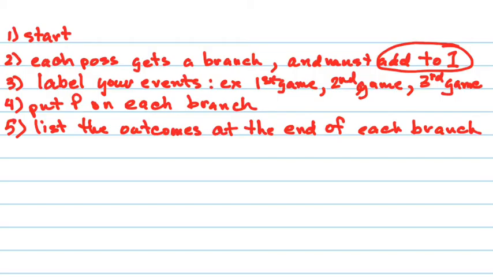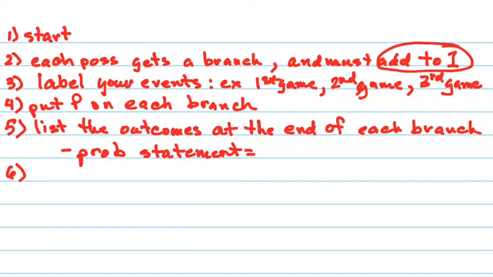So in other words, each branch is going to have some certain set of outcomes. Win, lose, win. Lose, lose, win. Something like that. And it's going to be listed as a probability. So we want to write it as a probability statement. Remember, that's where you have the probability of something equals. Okay?